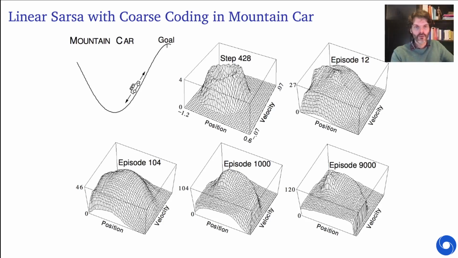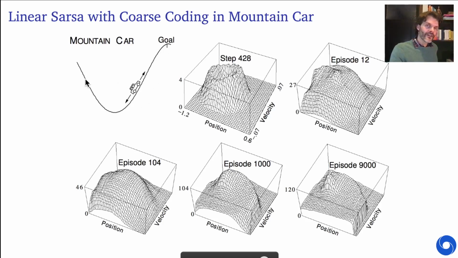The interesting thing I wanted you to look at here is not just the evolution of this value function, but also its shape at the end, which is quite special. It's not a very simple value function. This is because it depends where you are. If you're far enough up the hill to the left, then the optimal choice would be to go down and then up the other end.